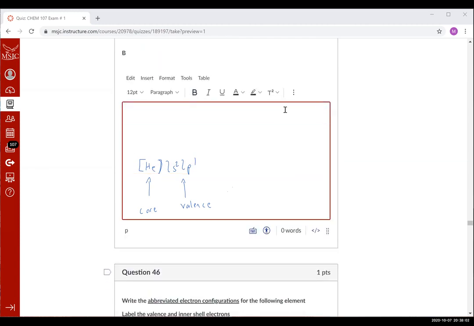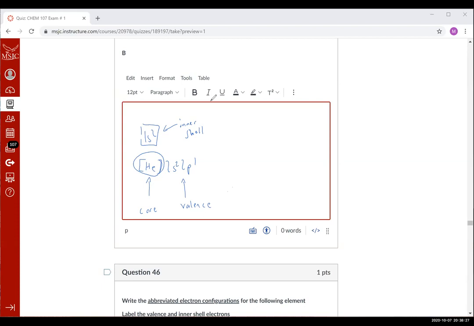The inner shell electrons, or core electrons, would be the electrons represented by this abbreviated helium, or these 1s2 electrons. These are our inner shell electrons, because they're closer to the nucleus and they're electrons that are not those with the largest N value. Does that make sense? Yeah.